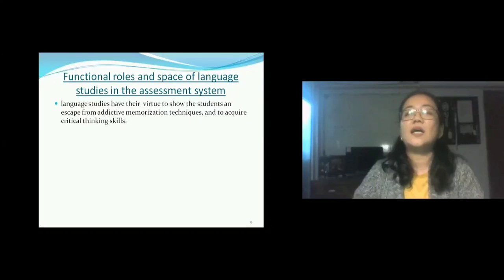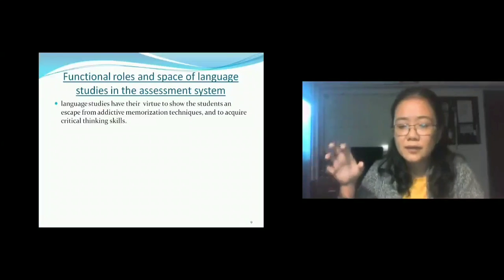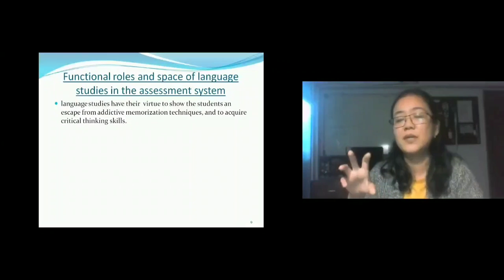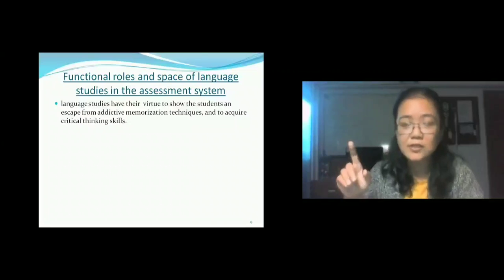By understanding this value, students can escape from the memorization technique, which is so addictive. Everybody loves that, parents love that, teachers love that, but they can somehow escape from that approach and technique, and they can develop critical skills. So the question is, what kind of virtue?